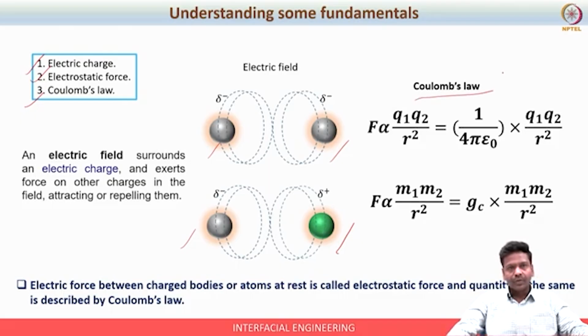Whenever there are two point charges, let us say the magnitudes of the point charges are q1 and q2, and they are kept at a distance of r. Coulomb's law says that the electric force acting between these point charges is proportional to the product of the magnitudes of the charges, q1 and q2, which may be the same or different.